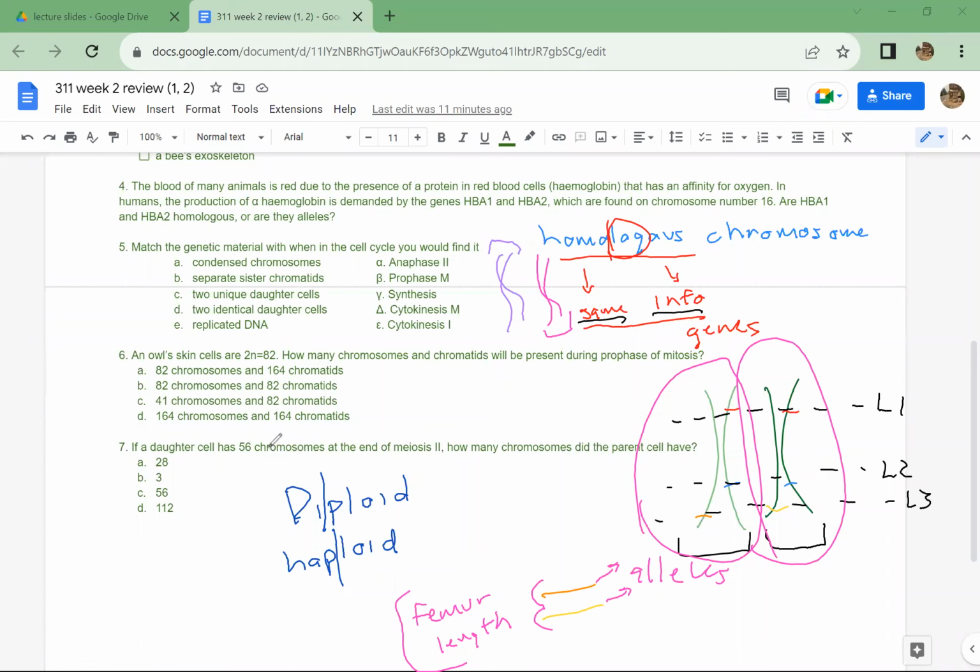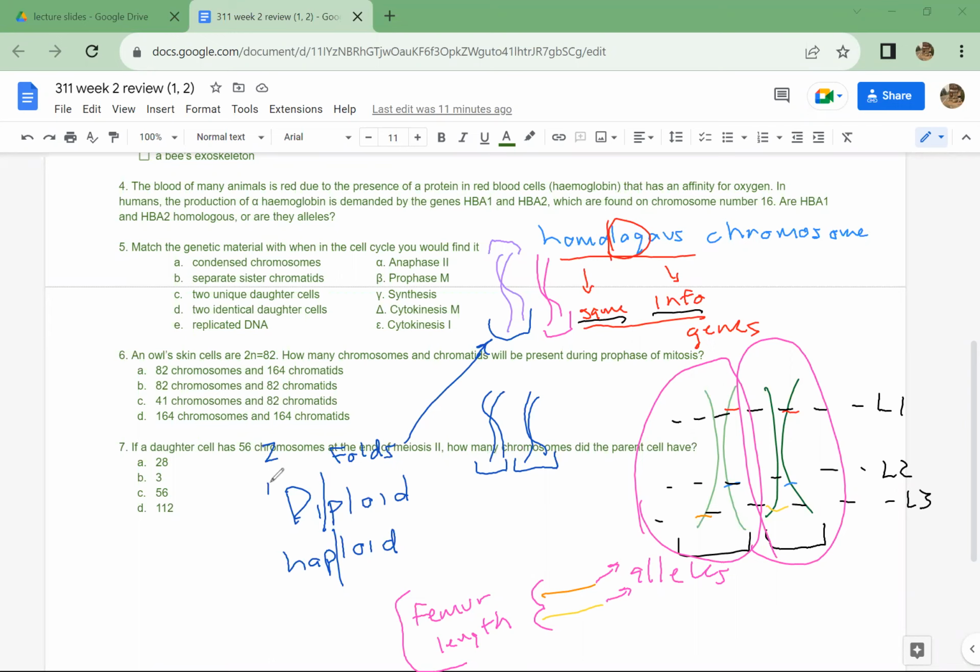So we know that di is the Greek prefix that means two. Ploid is also a Greek word, and it means folds, technically. So two folds, and folds refers entirely to chromosomes because it's kind of like folded up and windy and wonky. So two folds means that we have two chromosomes that have the same information on them.